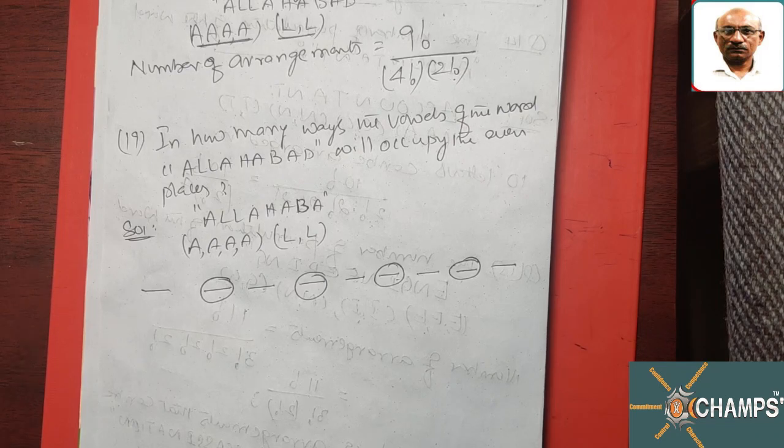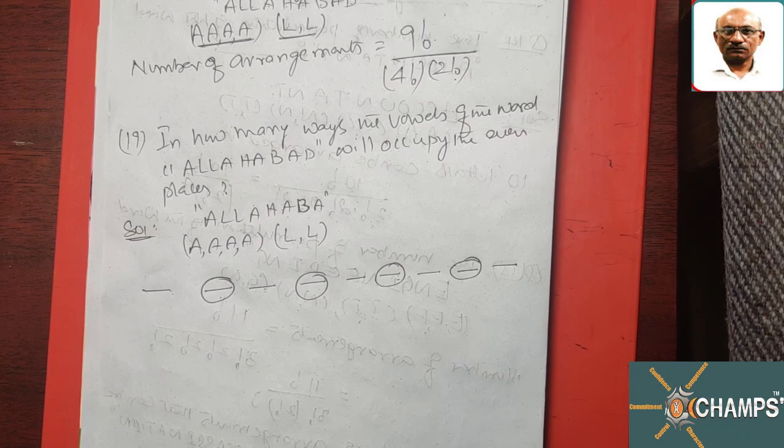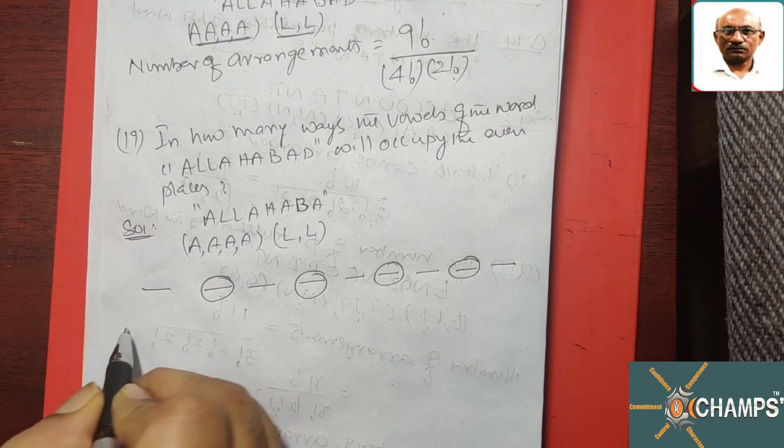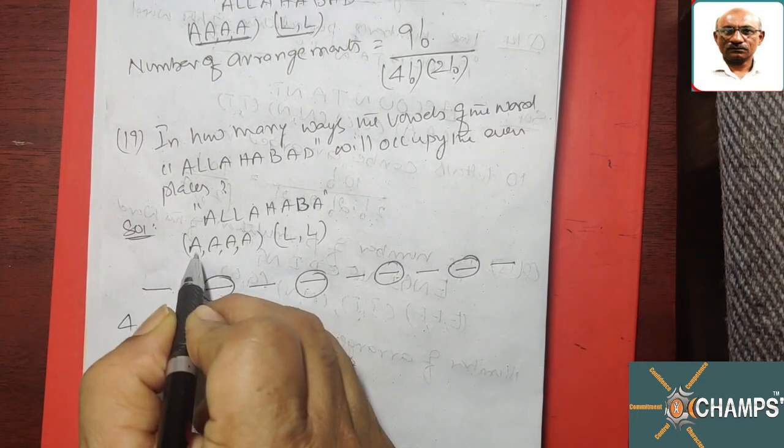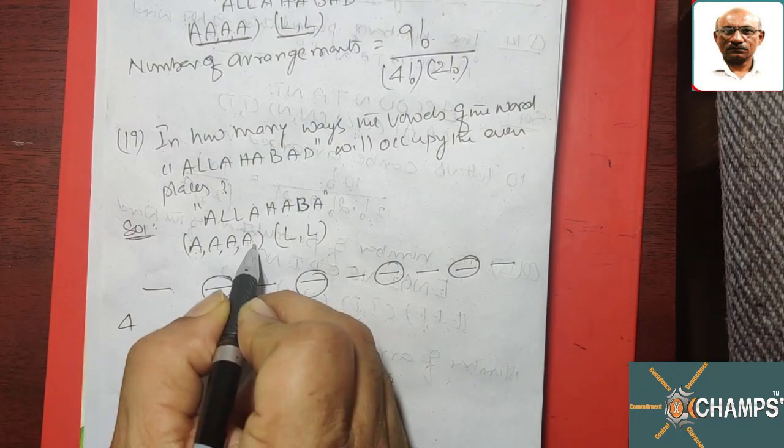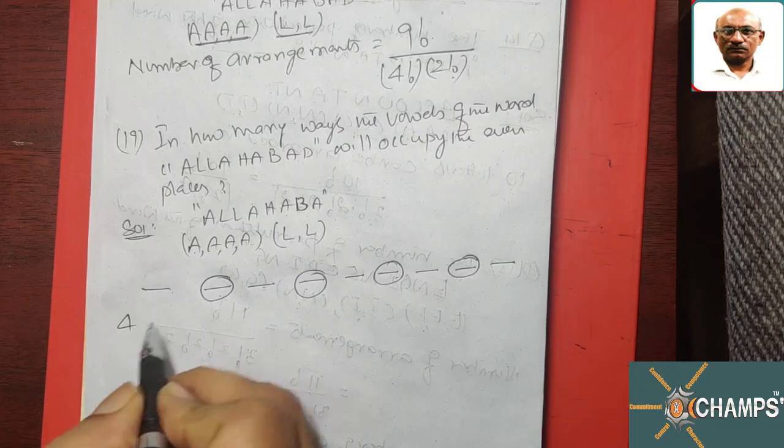What is the restriction imposed in the question? Vowels are always at even places. A is the vowel repeated 4 times.